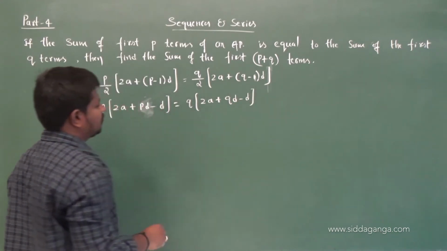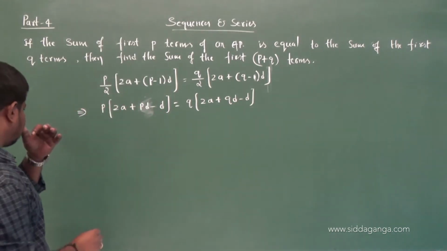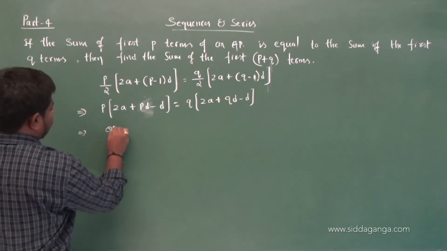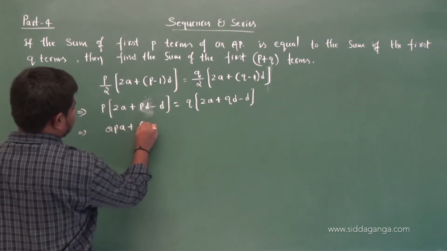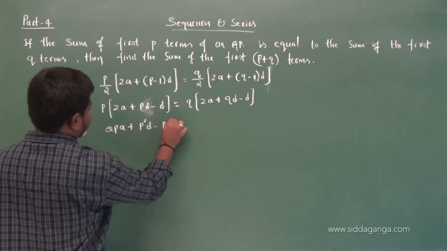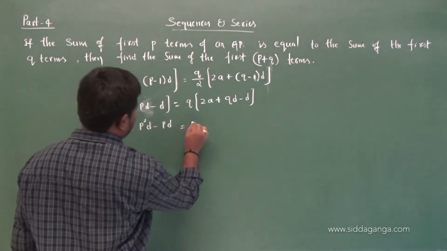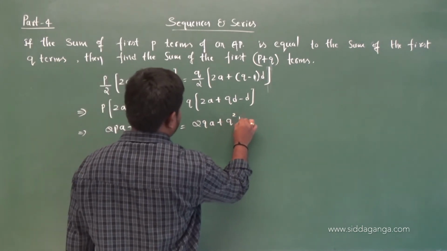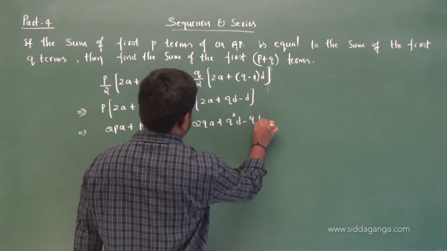Let me simplify this. What do you get? 2 into pa plus p square d minus pd is equal to 2 into qa plus q square d minus q into d.